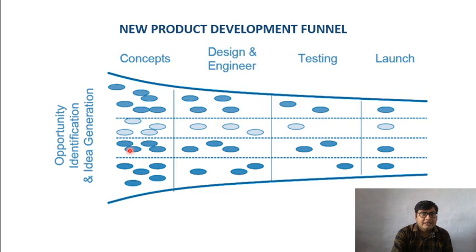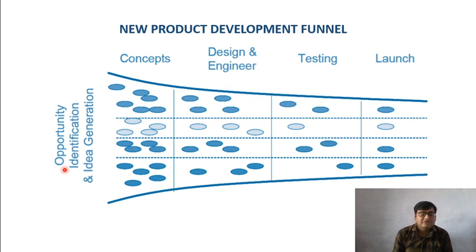Okay. Now, how does the new product development process work? This is a very brief overview of the new product development funnel, but we will discuss the new product development process in detail also. Every product development starts with opportunity identification. What is an opportunity? An opportunity is an unsatisfied customer need.